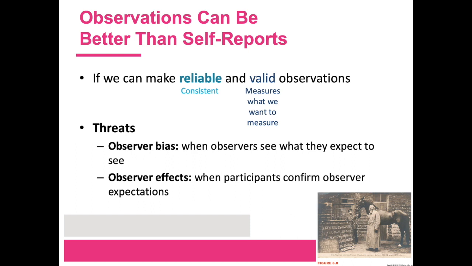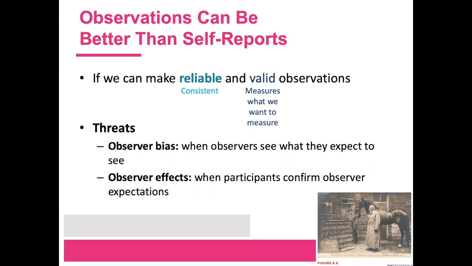The key here is if we can make reliable, so consistent, and valid, meaning it measures what we want to measure, observations. So if we can do observational research, that's better than just getting self-reports. It usually gives us a better count. We're not relying on people's memory of things. And it often gives us more in-depth information into what is actually happening.